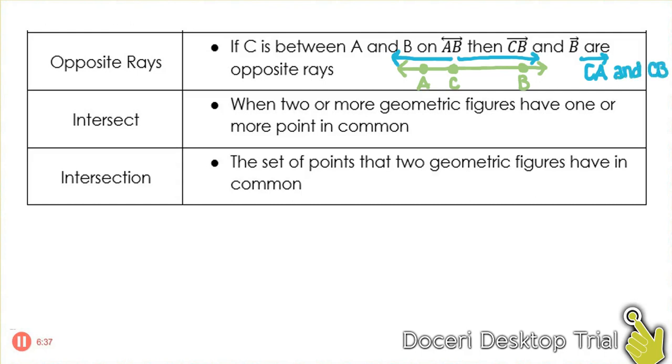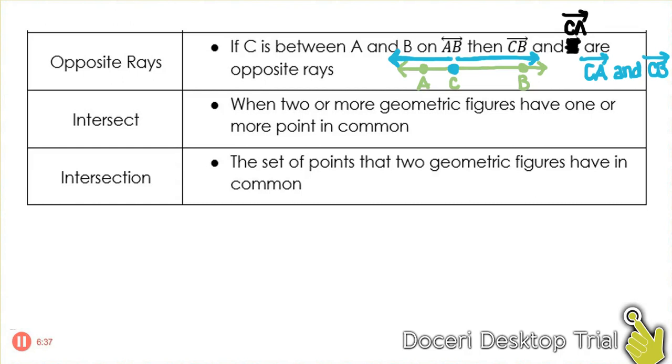So ray CA and CB are opposite rays because they share the initial point C, except one goes to the left and one goes in the opposite direction to the right. So the part of the notes you need to make your correction on are right here. Ray CB and CA are known as opposite rays.